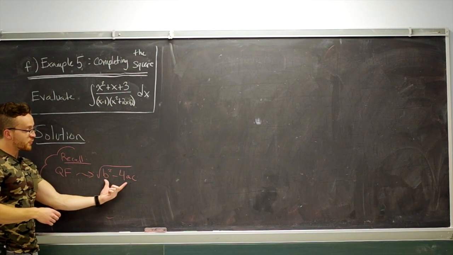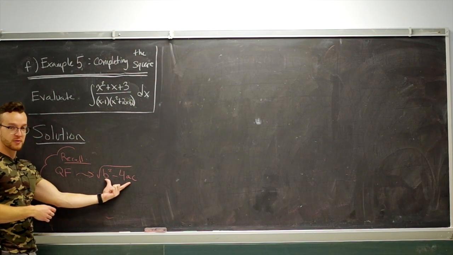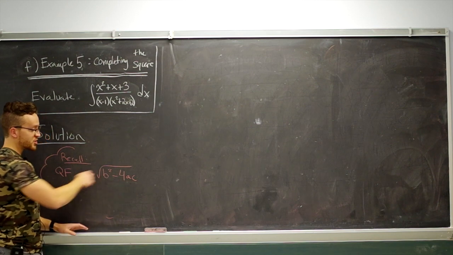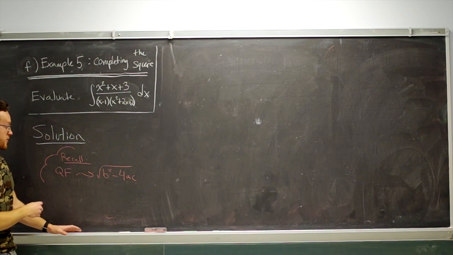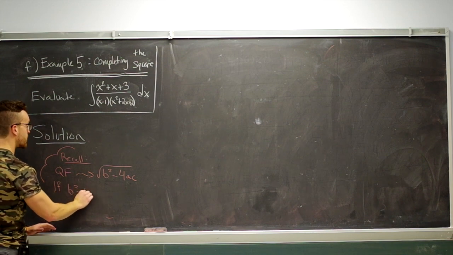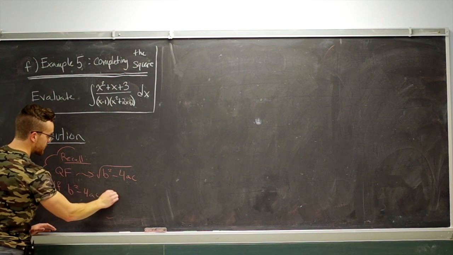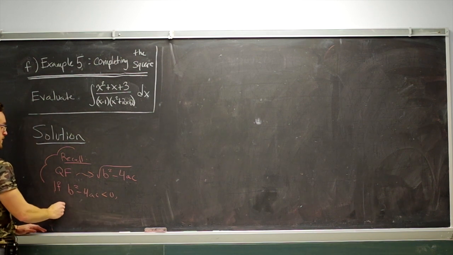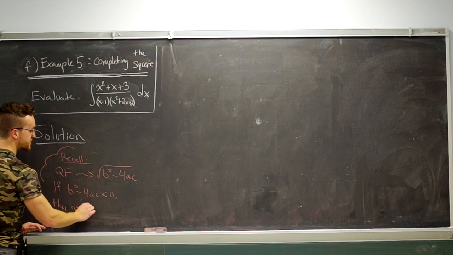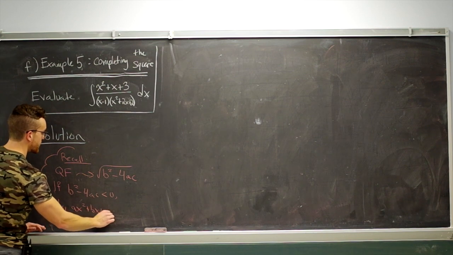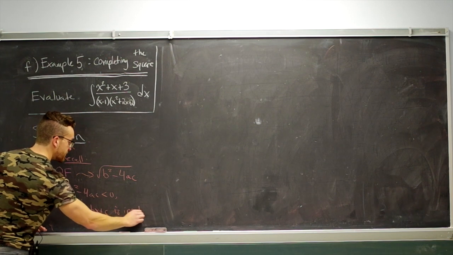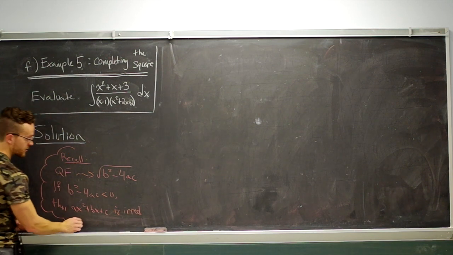In other words, we can check to see if a polynomial is irreducible by checking to see if this number is negative or not. So the fact is that if b squared minus 4ac is negative, the polynomial ax squared plus bx plus c is irreducible. In other words, it can't be factored anymore.